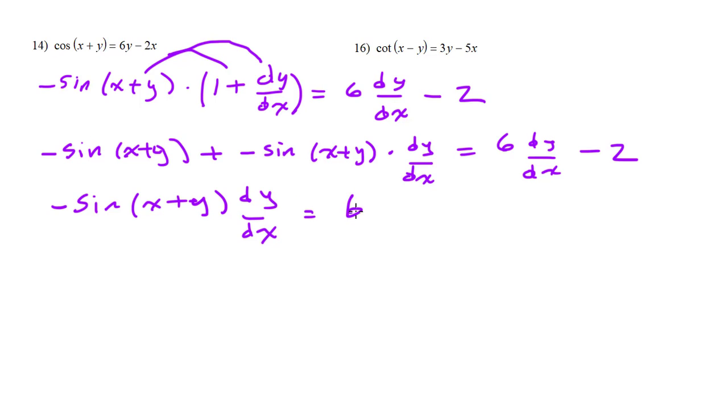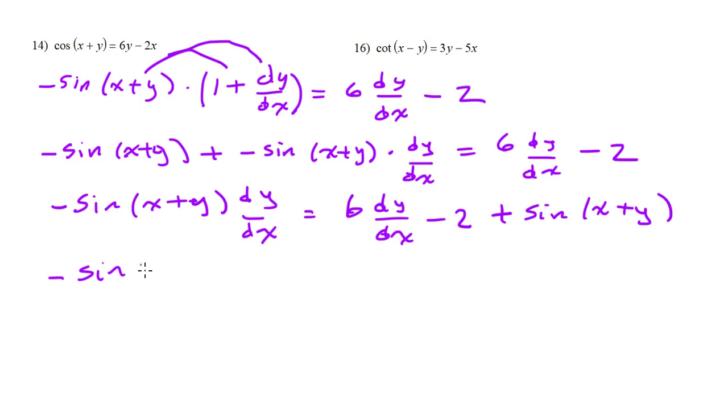And over here, 6 dy/dx minus 2 plus, so I'm adding this to both sides, plus sine of (x plus y). And then at the same time here, I'm going to subtract this 6 dy/dx. And I'm breaking this up into steps here, so you may see, oh, you could do this a little bit faster, doing a couple things at the same time.